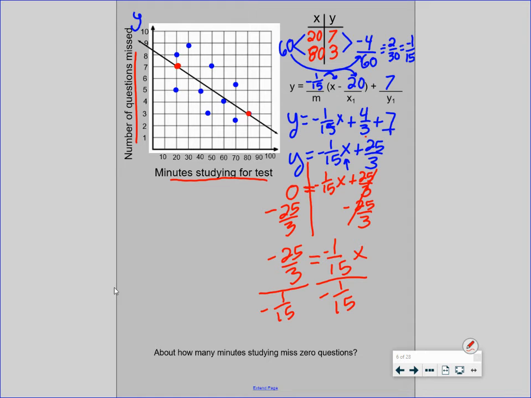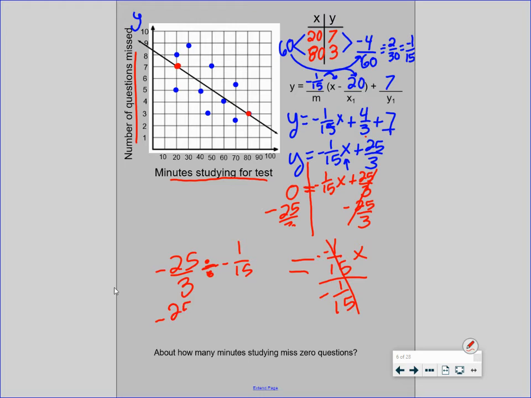That looks kind of crazy messy. Over here we know we're going to be left with our x. But when I like to divide fractions, I write them out. Negative 25 thirds, and we are going to divide by negative 1/15. I'm just rewriting it onto the side here. When you're dividing fractions, if you can remember, keep, change, flip.